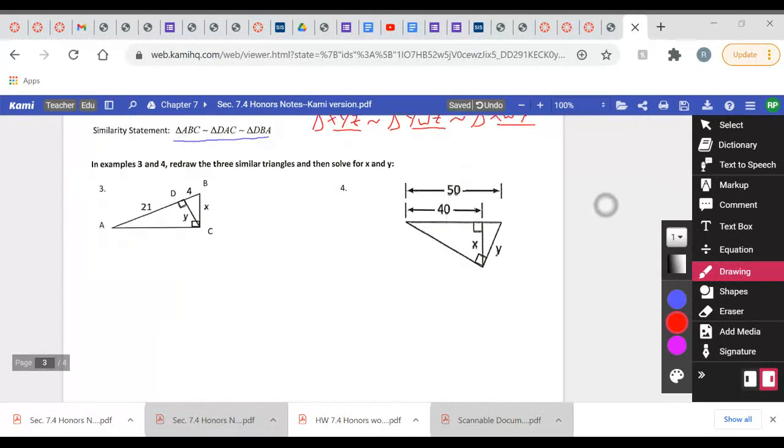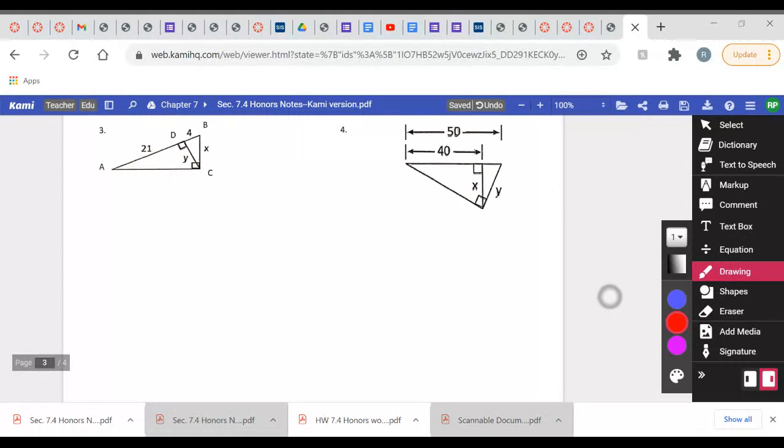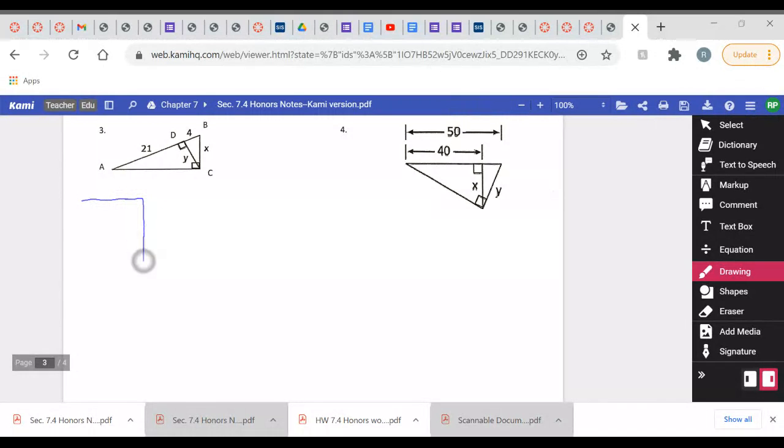And then we can do the work from there. So on examples 3 and 4, it says redraw the similar triangles and then solve for X and Y. So we can do the same thing we just did to start it off, but then we can use that information to solve for some missing pieces here. So I'm going to go ahead and draw my 3 triangles. There's my big triangle.